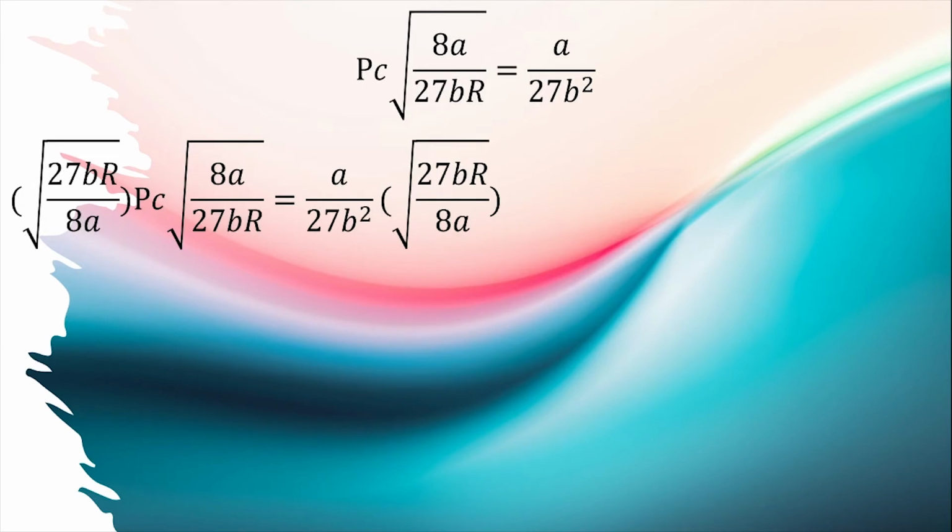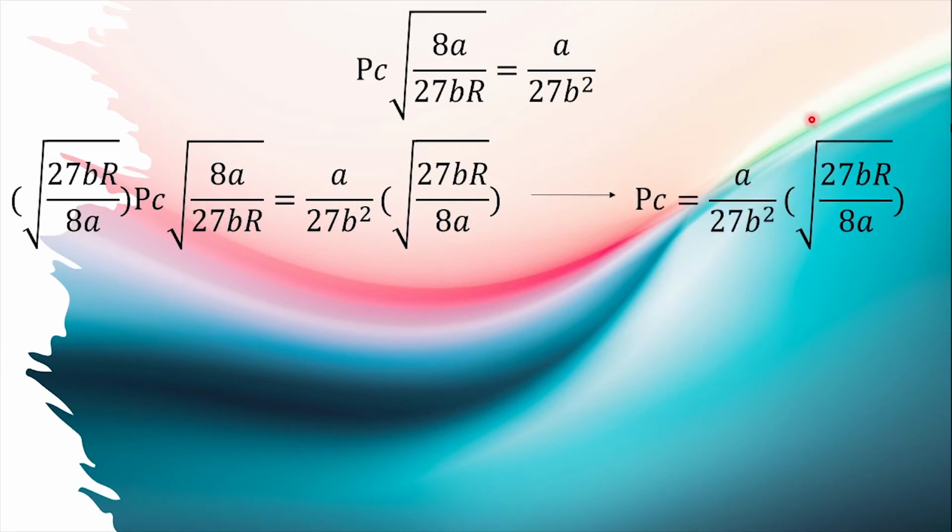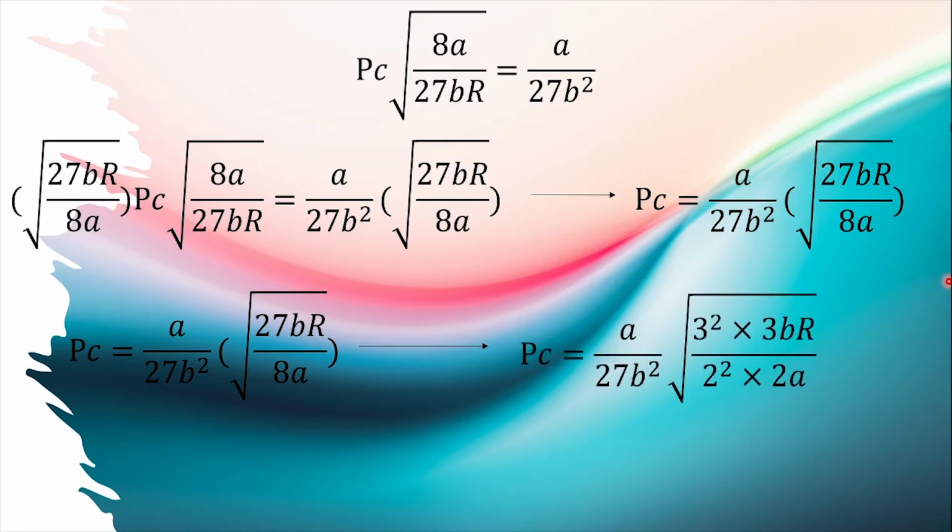So in order to cancel this, we must first multiply both sides by the reciprocal of Tc, which is the square root of 27bR over 8a, so that it would cancel and leave this expression, leaving Pc behind. Afterwards, we could use the prime factorization so that it would turn out to be just like this.